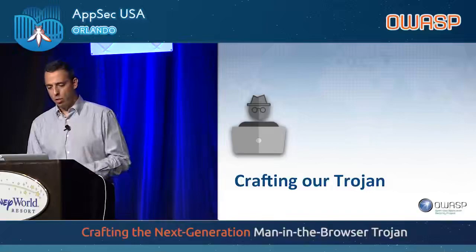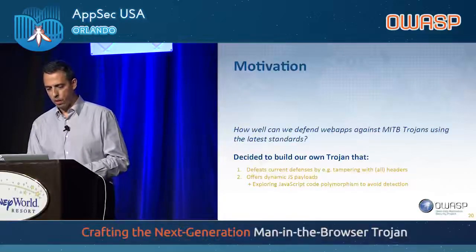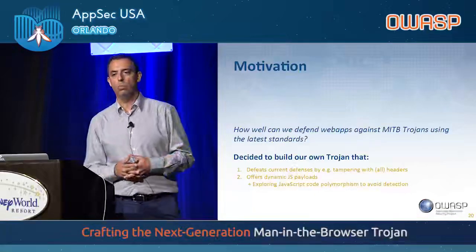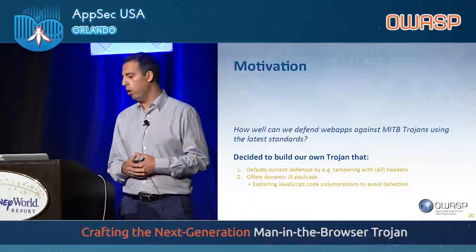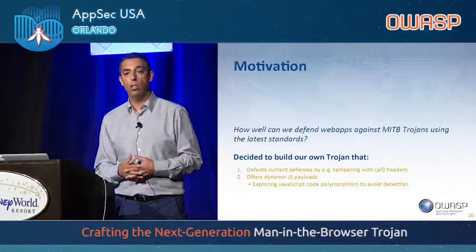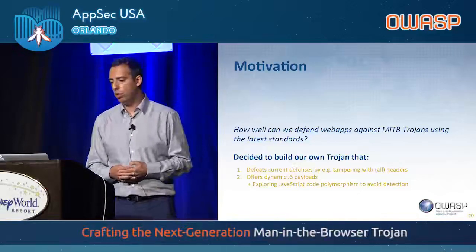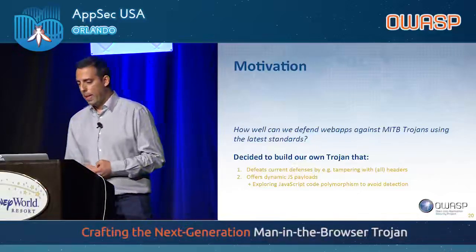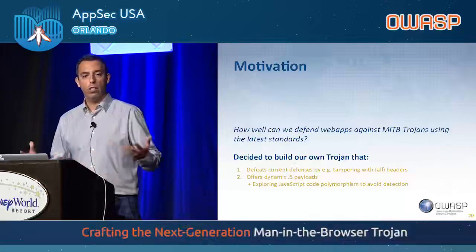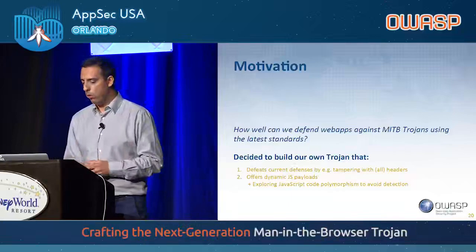Now, entering into the section where we talk about our Trojan. So we decided to go further, to try to see where we could go and how much damage we could do to a website. And especially, we tried to make sure that we were defeating all sorts of defenses that we already knew about.